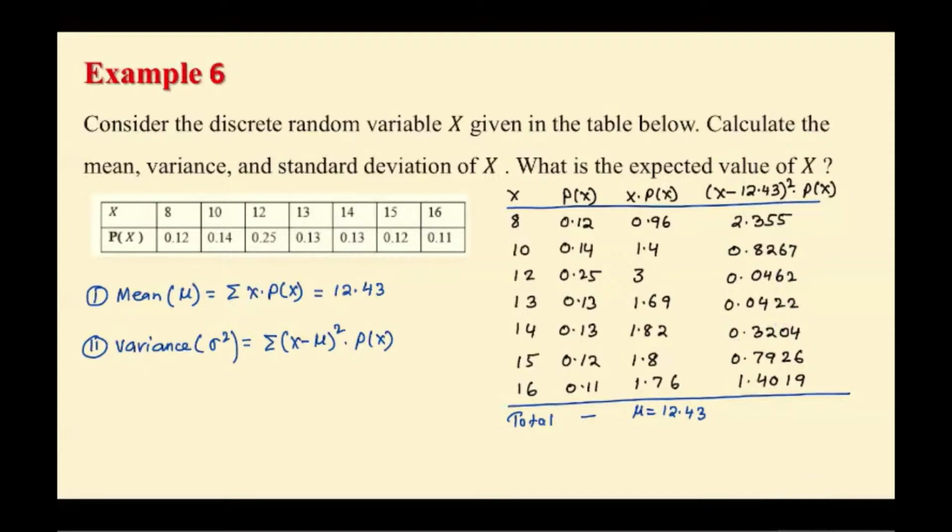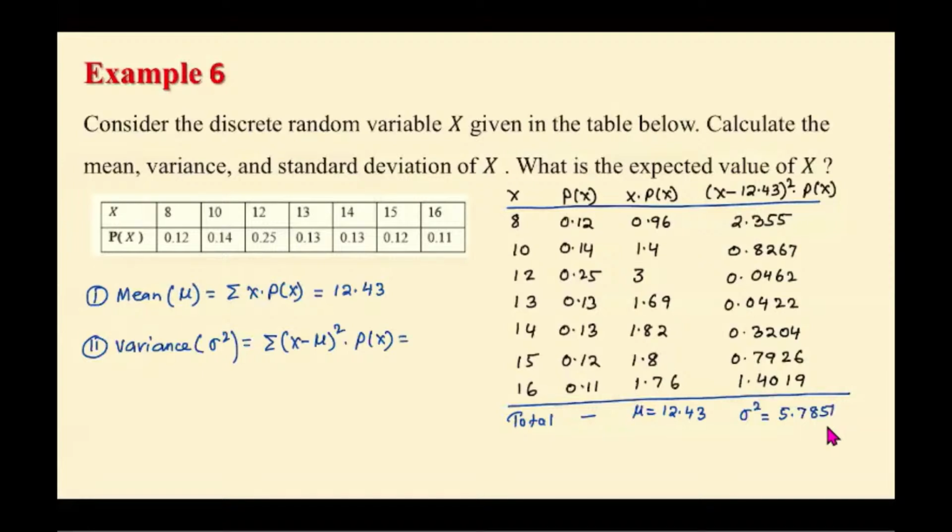So if we add that, we get variance equal to 5.7851. If we add all these numbers, we'll get 5.7851. So that is the value of the variance.